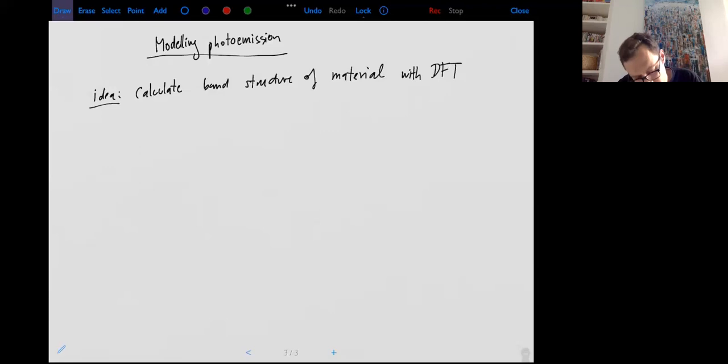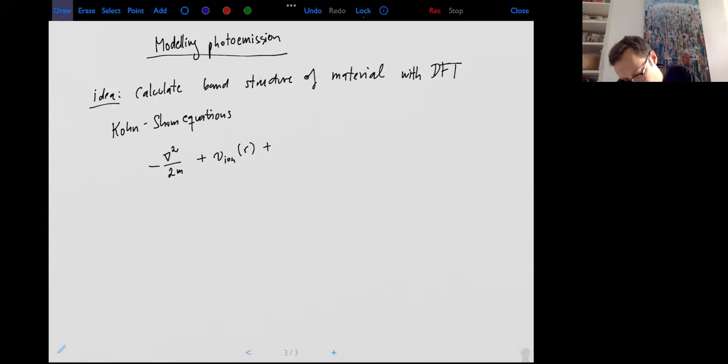Well, in practice, what it means is that we would have to solve these so-called Kohn-Sham equations that you're probably familiar with. They look a lot like the Schrödinger equation. So you've got a kinetic energy. You've got basically the interaction of the electrons with the ions or the atomic nuclei.